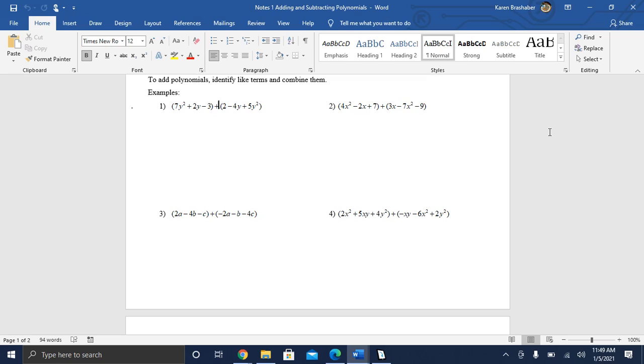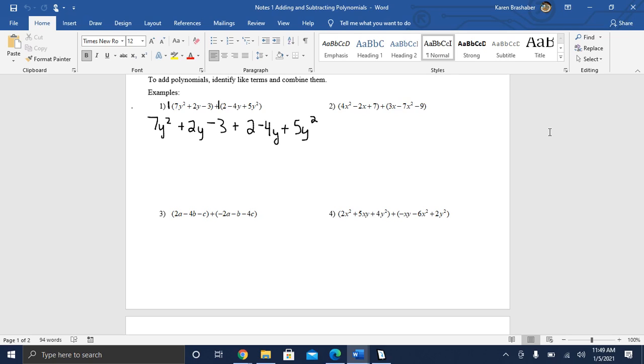You can kind of think of distributing a 1 to both of them, and that removes the parentheses. So we'll have 7y to the second plus 2y minus 3 plus, and then if we distribute a 1 to remove the parentheses, we would have 2 minus 4y plus 5y to the second.